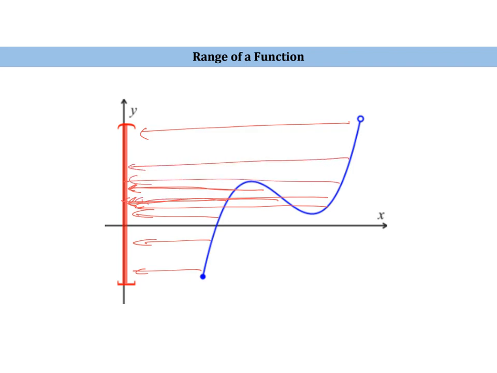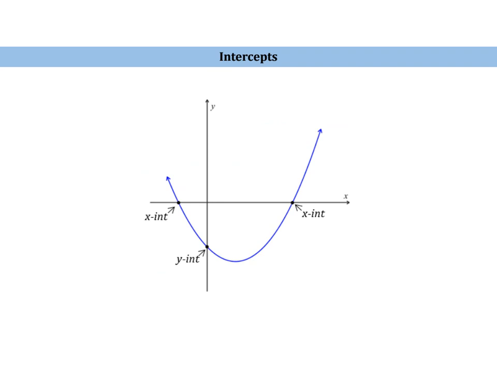Doesn't matter. Our range is simply the interval on our y-axis. So from bottom to top, we would read our values. Likewise, we can look at our x-intercepts and our y-intercepts. The x-intercepts are where we intersect our x-axis, and our y-intercept is where we intersect our y-axis.